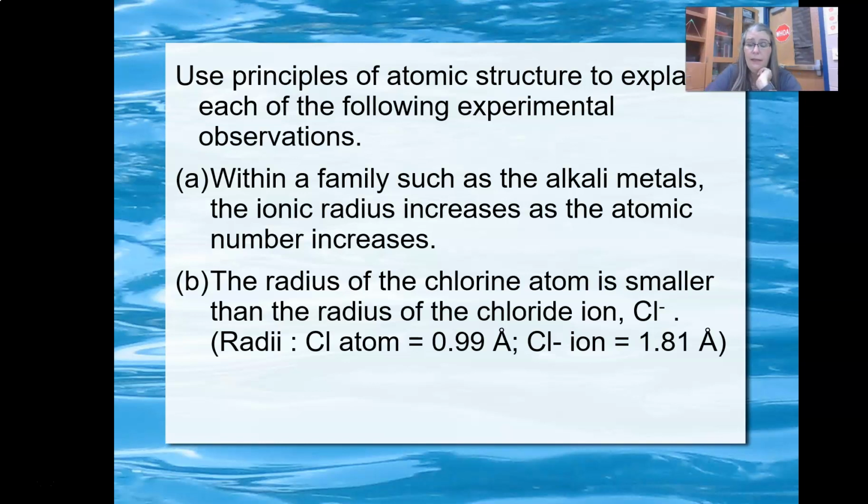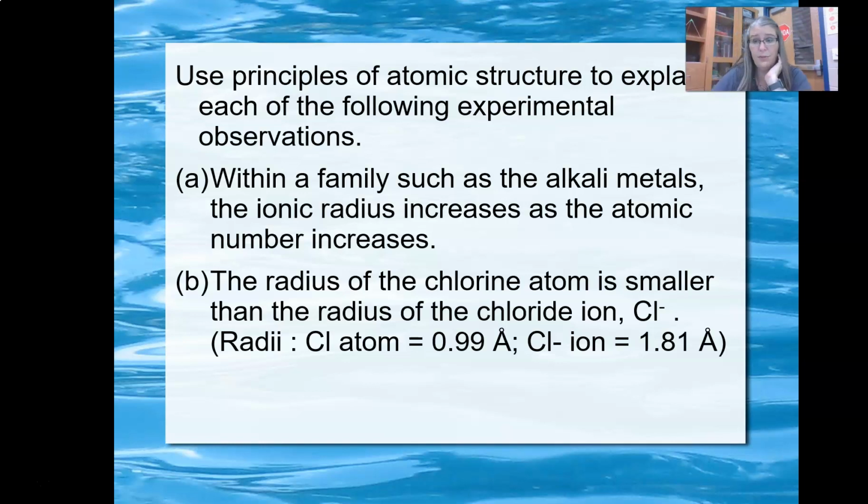So I like B. There's actually really 2 ways I can argue about B, and we'll look at the other way to argue about it on Tuesday. But again, I've got to think about a charge versus distance argument. I know that the chloride ion radius is bigger.